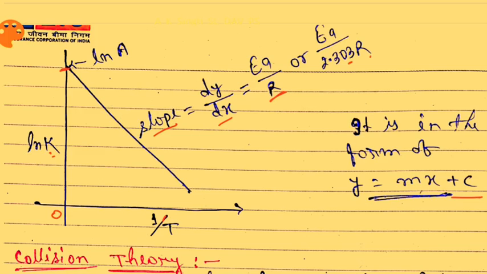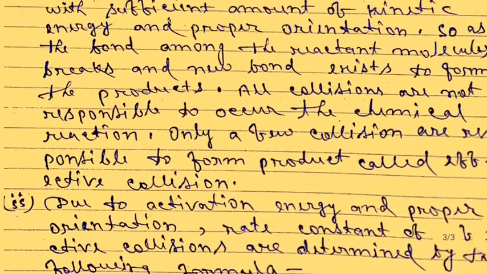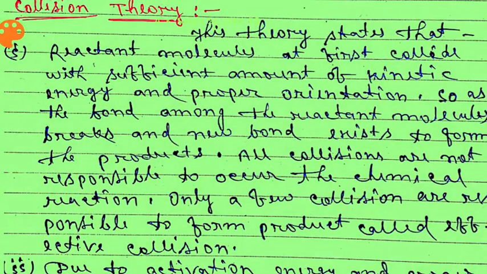Now, collision theory. What is collision theory? As you have read, collisions are essential for chemical reactions to occur. You have also read that not all collisions are responsible for forming the product. Only a few collisions are responsible for forming the products.